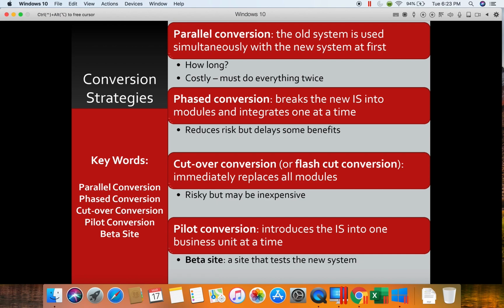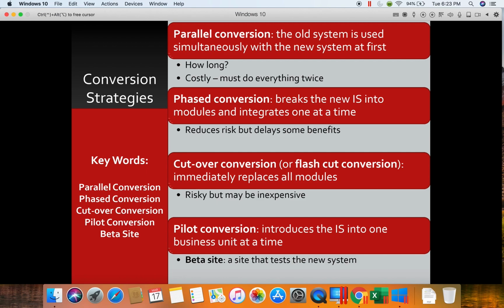If you didn't do a thorough job of that, then if something does not work, you have already stopped using that old system. So to go back to the old system would require you to put the old system back in place and re-enter everything that had happened while you were using the new one.